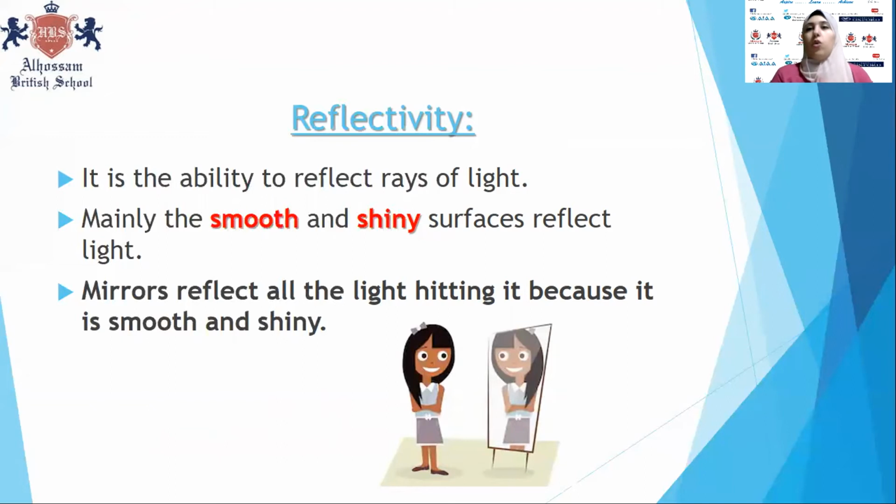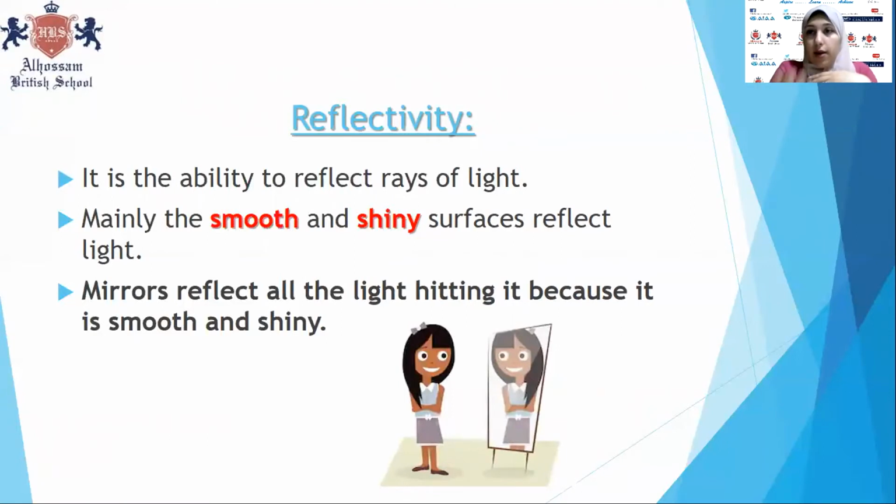Okay, so what will happen? Let's explain. The light rays come and fall on the object. For example, the light comes and falls on you, hits you, and then you reflect it to the mirror.